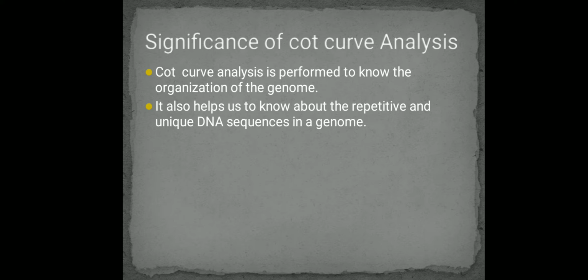In our previous video, we saw that the genome is organized as overlapping genes. It is organized as interrupted genes, uninterrupted genes. Then it has other genes also, like pseudogenes, alternative genes. How are these genes organized? So this we can find out when we do COT curve analysis.